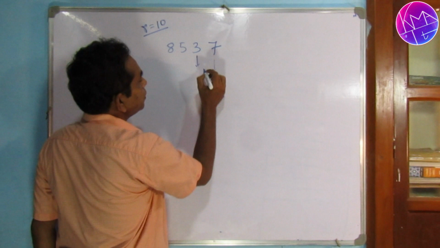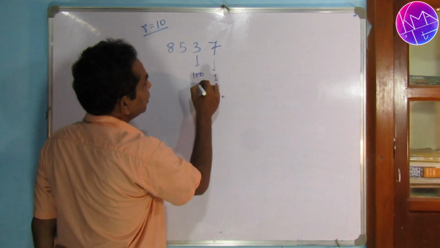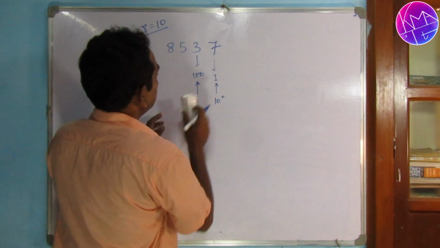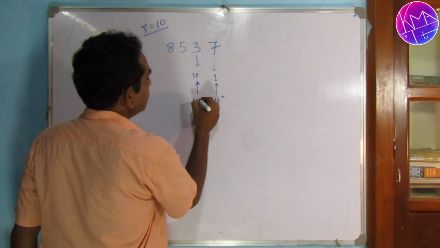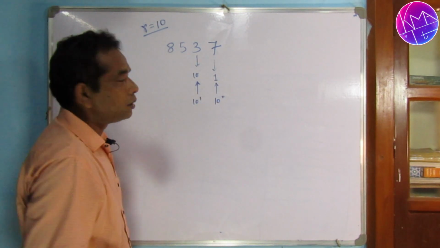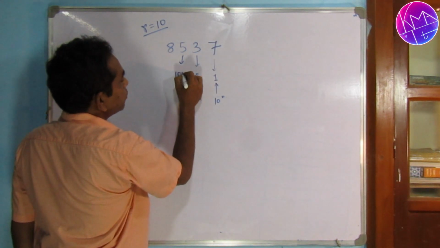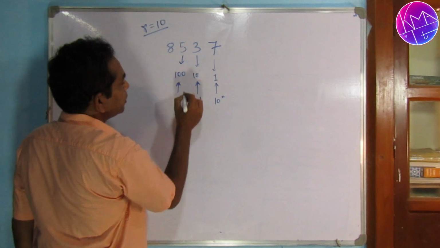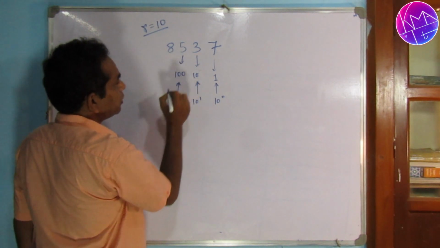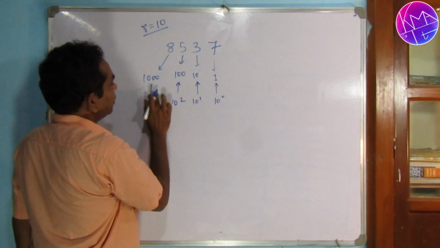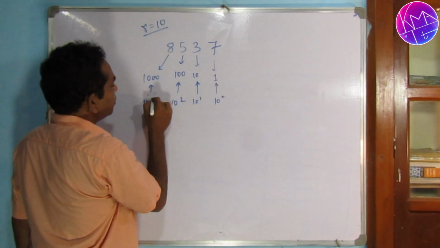Now the second position is the tens position, 10 to the power 1. Now the third position is the hundreds position, and it is coming from 10 to the power 2, means 100. Next is the thousands position, and it's coming from 10 to the power 3, and so on.